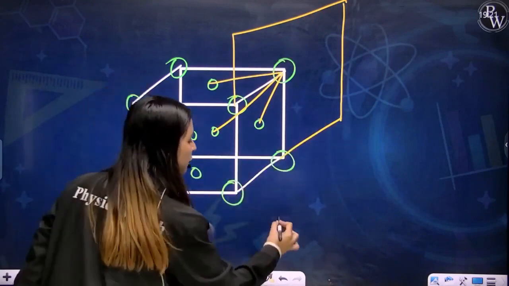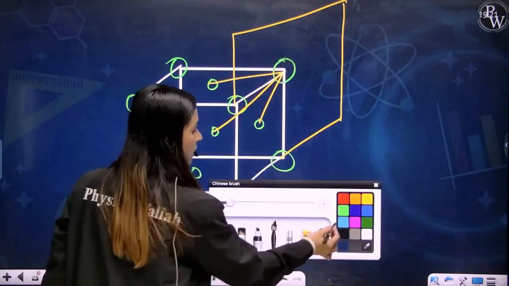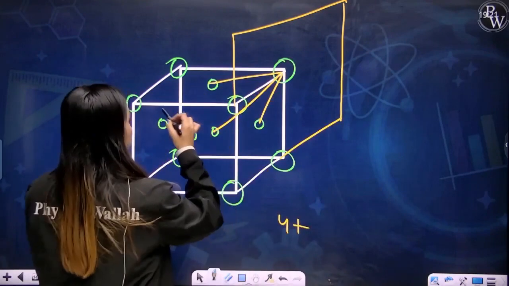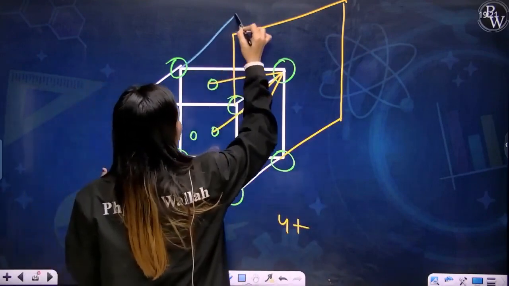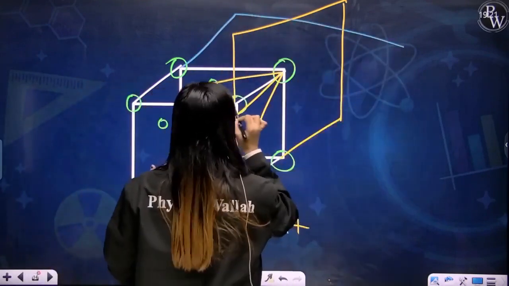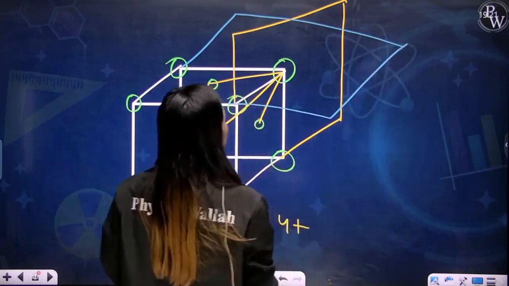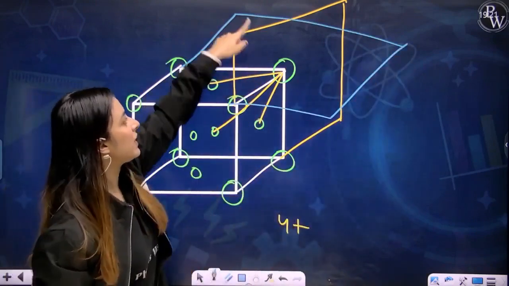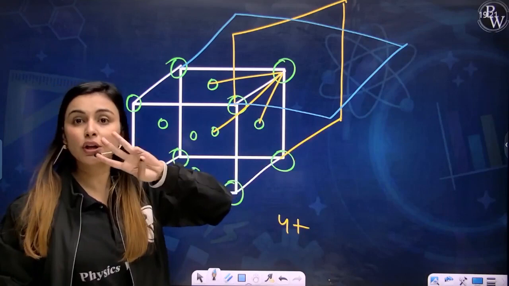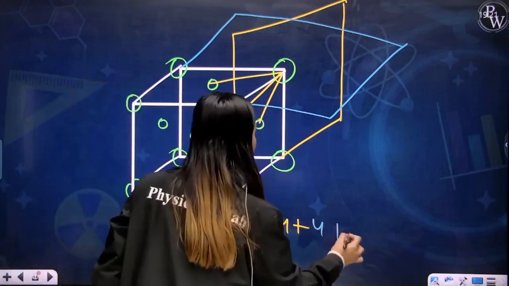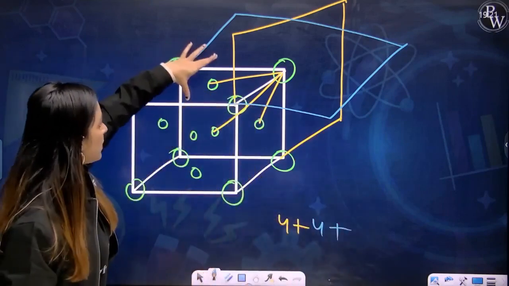So total 4 plus. Just see it. If I elongate this particular face, one atom in this face, one in that, and one in that. Total 4 plus. I had talked about this face and this face.